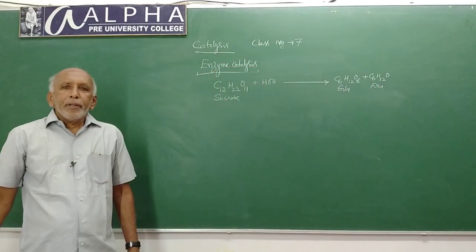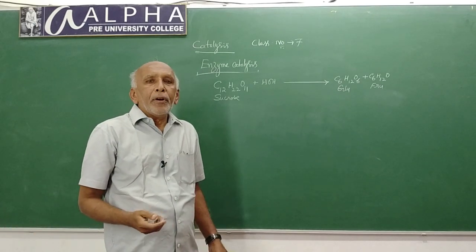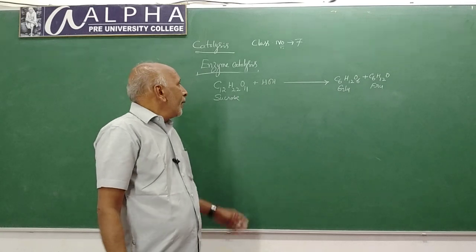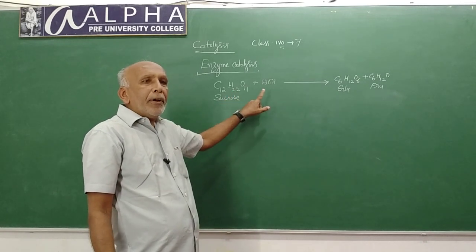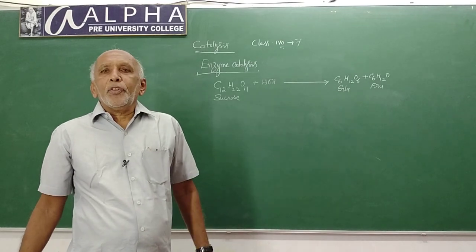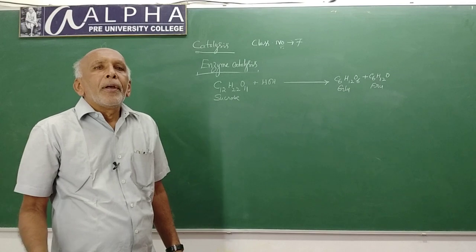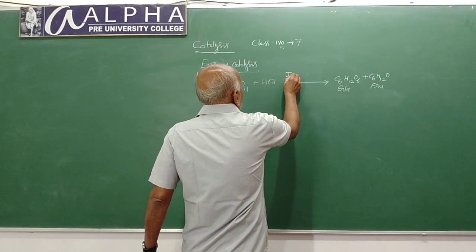During the conversion of molasses into ethyl alcohol, first molasses is subjected to hydrolysis, and this reaction is catalyzed by making use of the enzyme invertase.